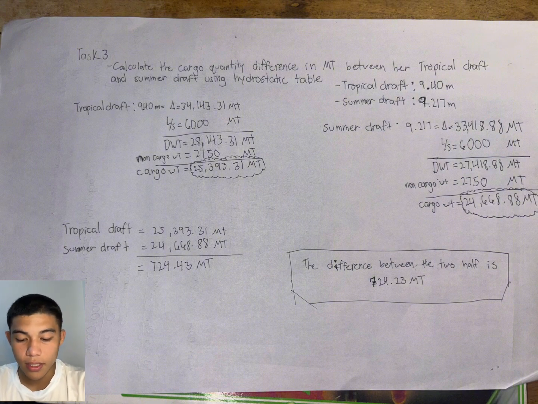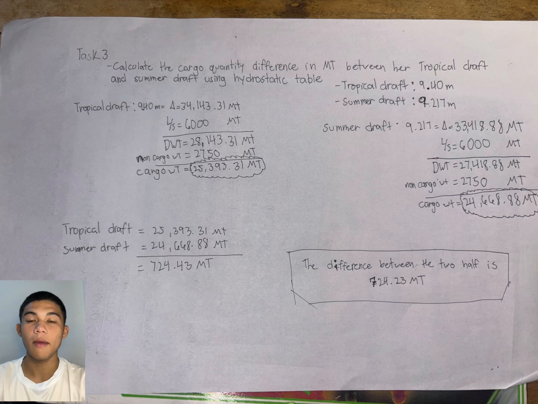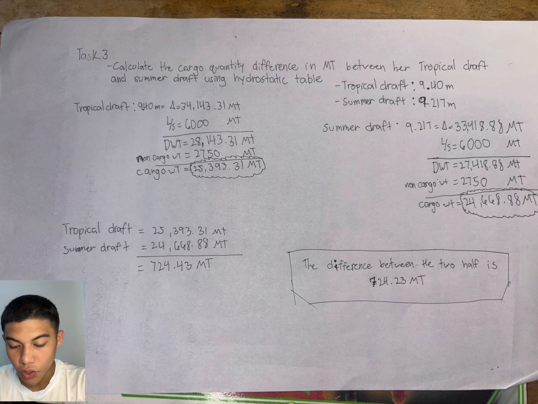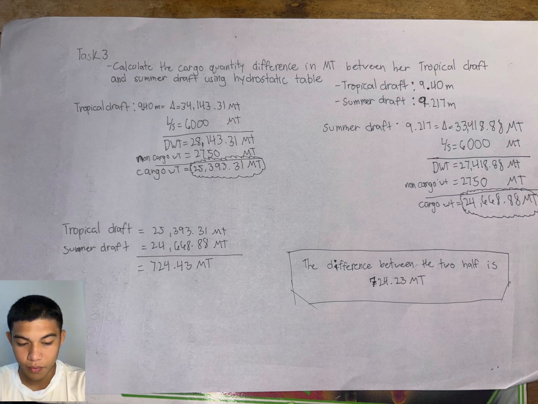And the cargo weight is 25,393.31 metric tons. So our tropical draft is 25,393.31 metric tons.